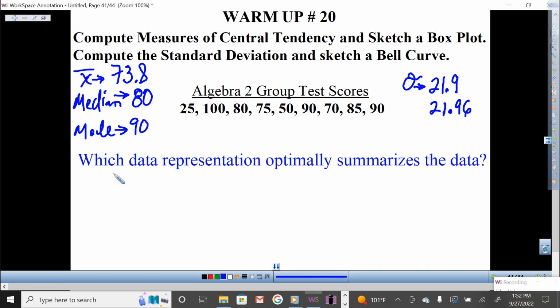So question, which data representation optimally summarizes the data, which means which one gives us the best way of representing this data, which is Algebra 2 group test scores. JC, pick someone. Zach, which one and why?